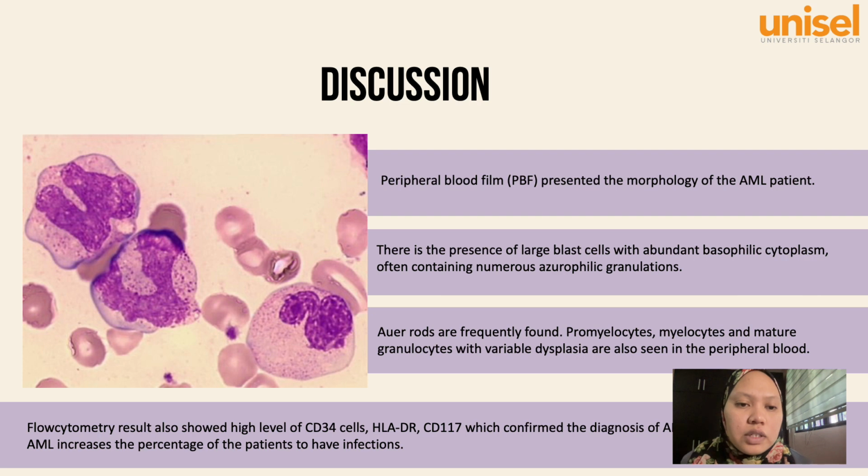Okay, next for the discussion of the acute myeloid leukemia, if you see the peripheral blood film, you can see the neutrophil coming out with blebs. There is the presence of large blasts with abundant basophilic cytoplasm and often containing numerous azurophilic granulations. The azurophilic granulation is the dots that are very big, very dense. Auer rods are frequently found.